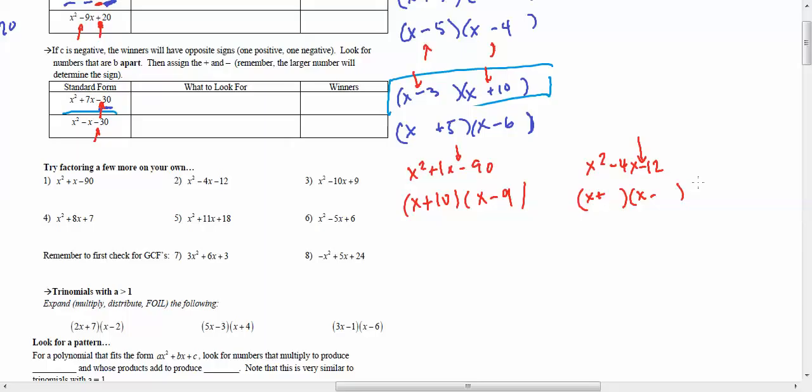Remember, the numbers you choose have to multiply out to be negative 12. The only numbers that do that would be if one was positive and one was negative. If they both were positive, I couldn't multiply out to be negative 12, right? If they both were negative, it would not multiply together to give me negative 12. Therefore, I know that that's a positive and a negative. Am I losing you? We good? Yeah. All right.